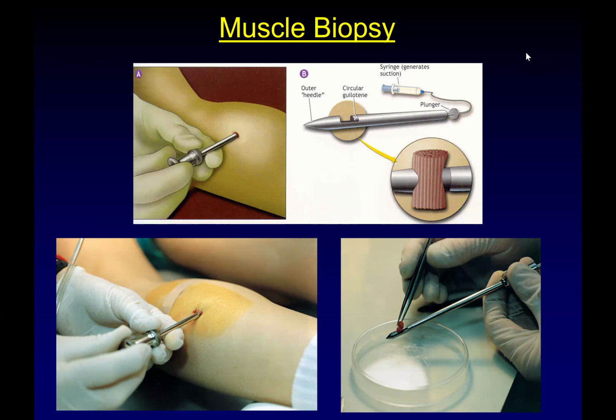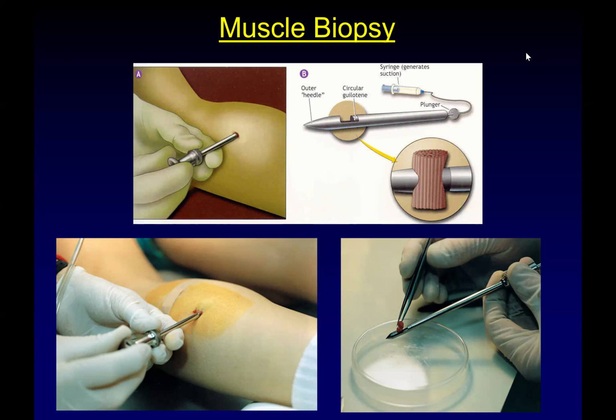Okay, but what you see here is the idea of taking a muscle biopsy. You make a small incision in your muscle. We insert a special needle called a Bergstrom biopsy needle, and it has a little window on it. That window functions like a guillotine. You open the window, you apply suction on one end and it pulls some fibers into that window.